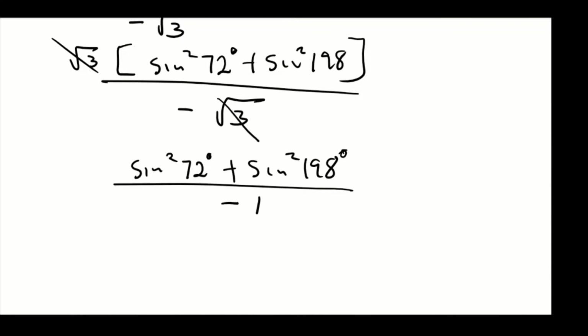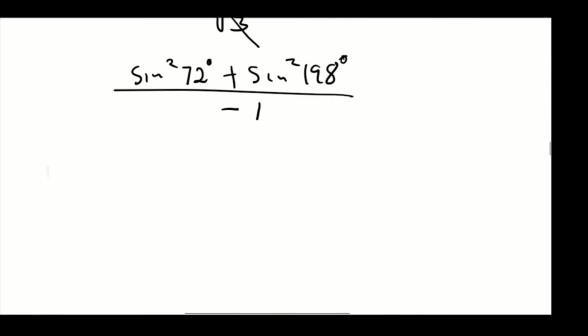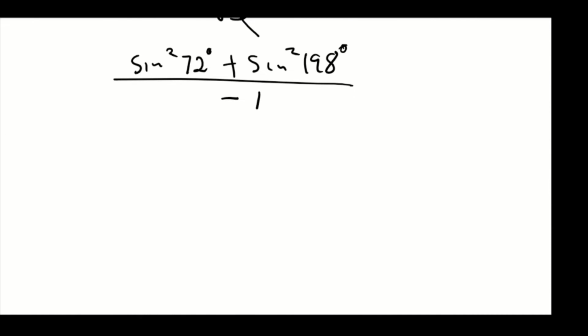So now what we need to do is reduce both the sine of 72 degrees and the sine of 198 degrees. To reduce this problem, we need to reduce it into the same angle. For example, we have sine of square root of 72 degrees, right?